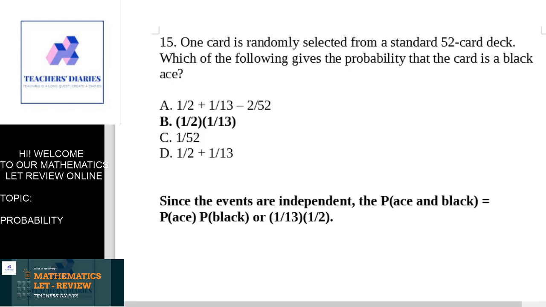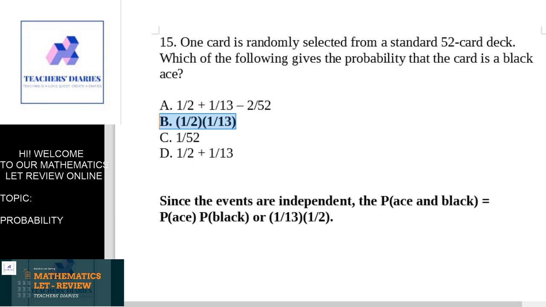Now let's proceed to the next item, number 15. One card is randomly selected from a standard deck of cards. Which of the following gives the probability that the card is a black ace? A, 1/2 plus 1 over 13 minus 2 over 52. So let's make it short.